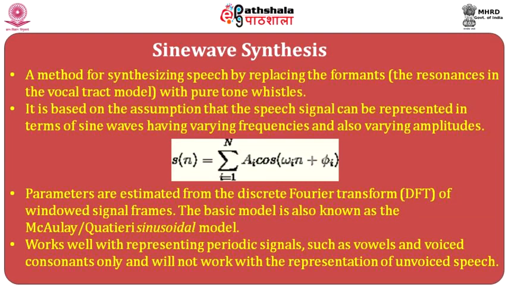The peaks of the spectral magnitude are selected from each frame. The basic model is also known as the McAulay-Quatieri sinusoidal model. However, such a model works well with representing periodic signals such as vowels and voiced consonants only, and it will not work with the representation of unvoiced speech.